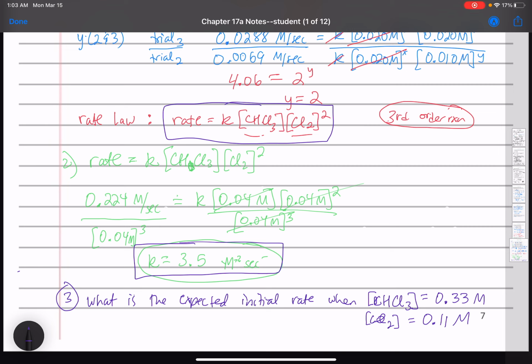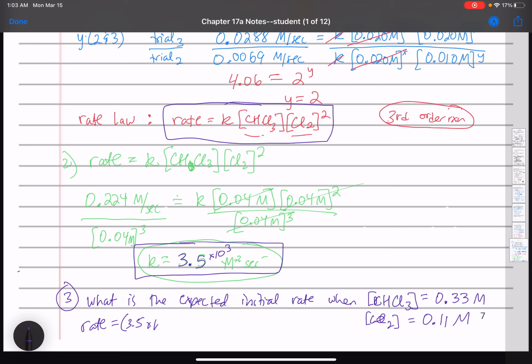Okay, so we could figure that out using the rate law. The rate would be expected to be K, 3.5. Oh, and sorry, that's 3.5 times 10 to the third. It wasn't 3.5. I distracted myself.